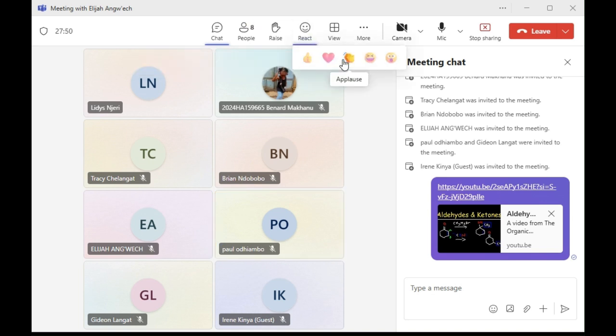The aldehyde has one R group and a hydrogen atom attached to the carbonyl carbon, whereas the ketone has two R groups attached to the carbonyl carbon. And I said earlier that the R group represents an alkyl group, aryl group, or hydrogen atom.